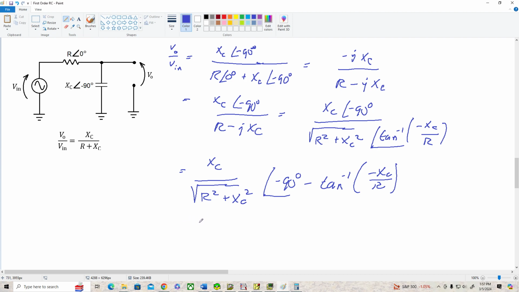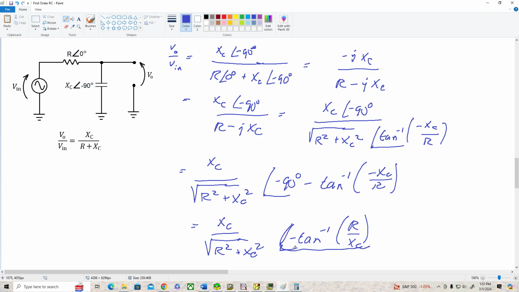And what we end up with then is X sub C over the square root of R squared plus X sub C squared at a phase angle of negative arctangent R over X sub C. Now that's not exactly the nicest equation in the world, but it is an equation that tells us the response of this circuit.